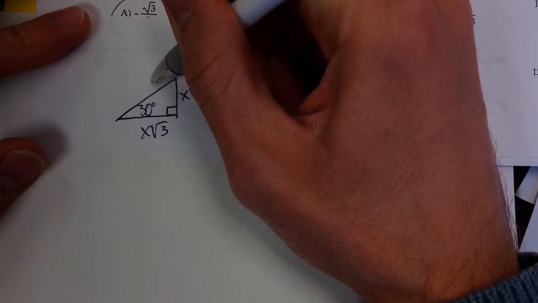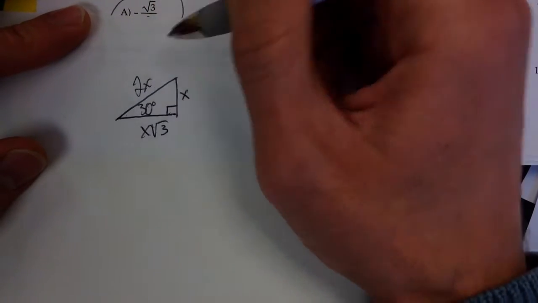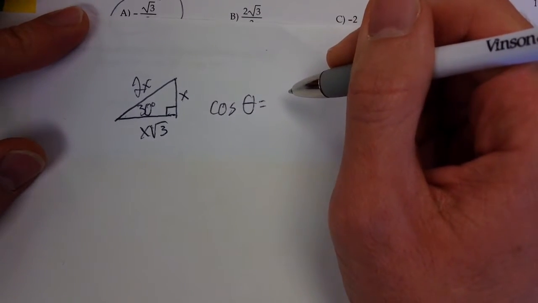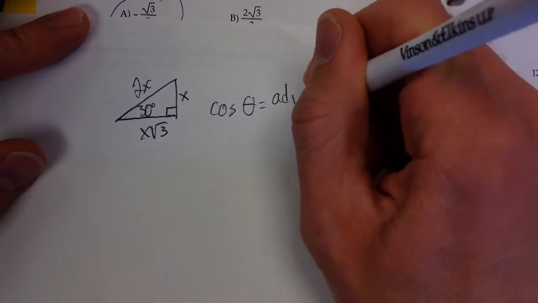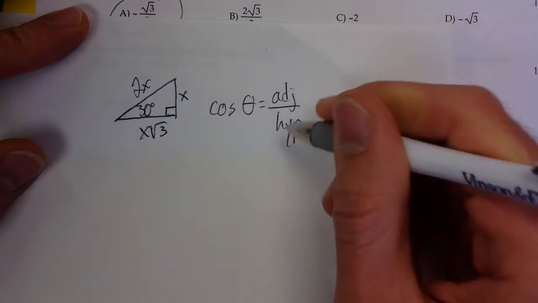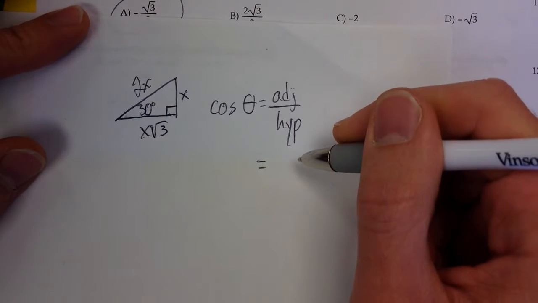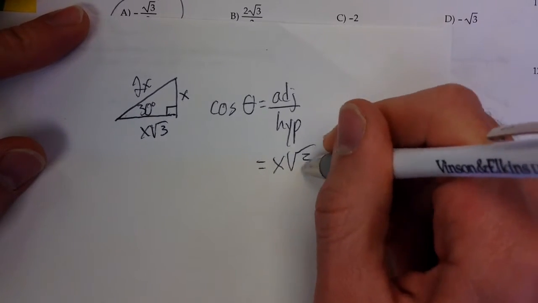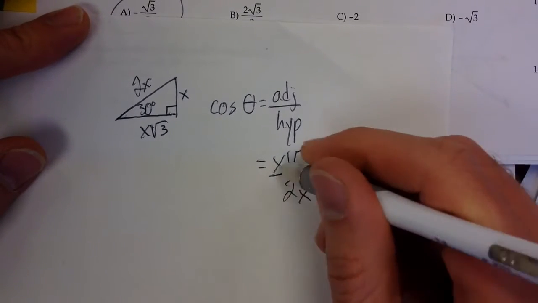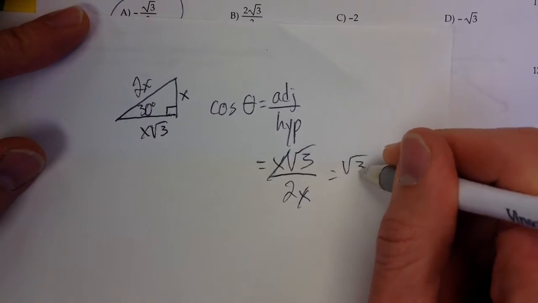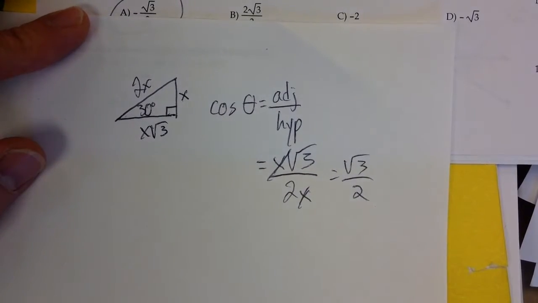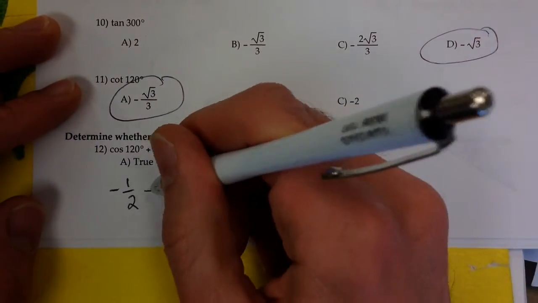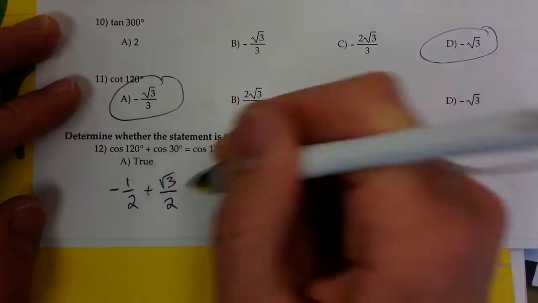Tell me this side. Good. Tell me the definition of cosine. Good. Tell me the adjacent side. Yep, x root 3. Tell me the hypotenuse. 2. You are correct.